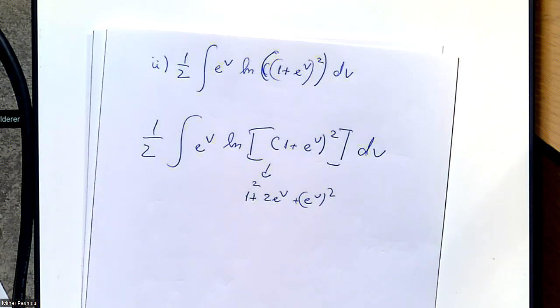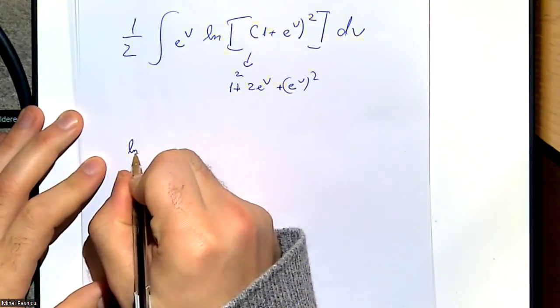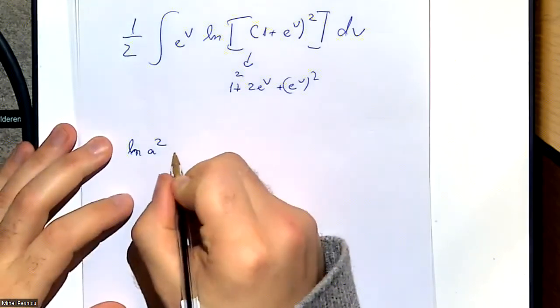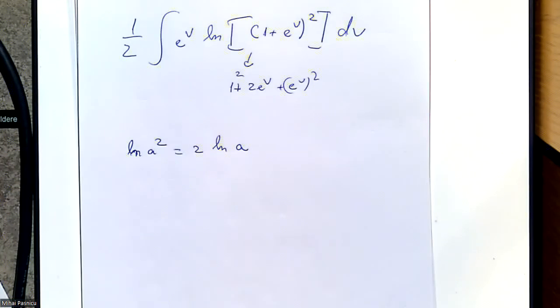Maybe, but I have a simpler way to do that. If you want to do that, what is log of A squared? It's just 2 log of A. So before you make any decisions, for me it makes sense to take the simplest steps to simplify.